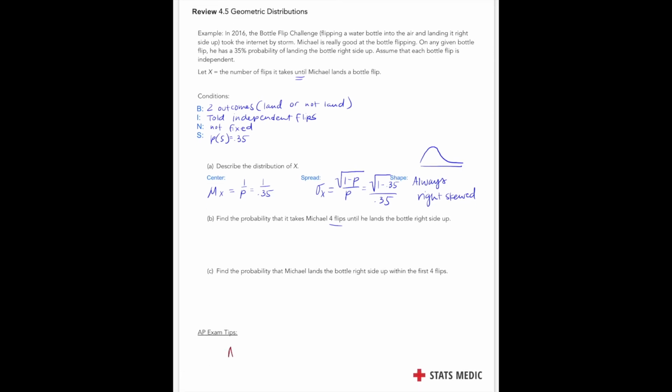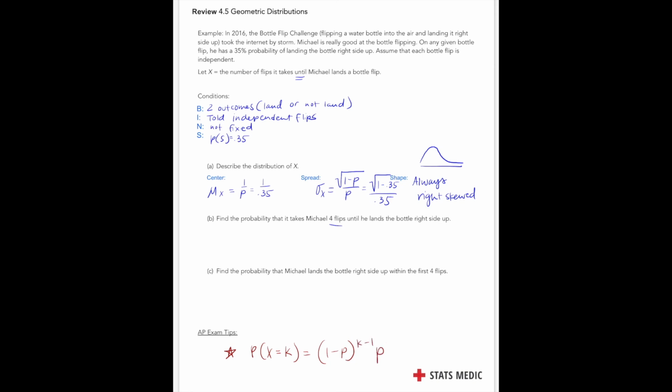That'll be useful. Okay, so I have the probability that x equals k, so k right here will represent the 4 flips. And it's going to equal (1 minus p) to the k minus 1 times p.